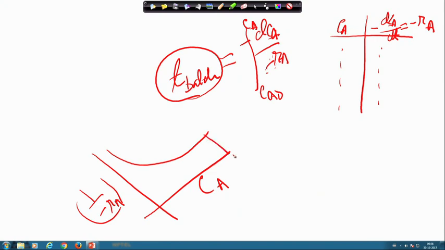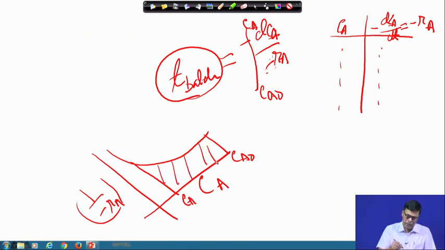Now, if you know the Ca0 value here, and if you know how much of the Ca should be converted, then the area under this curve gives you the time required for the batch process. This you can easily find out.